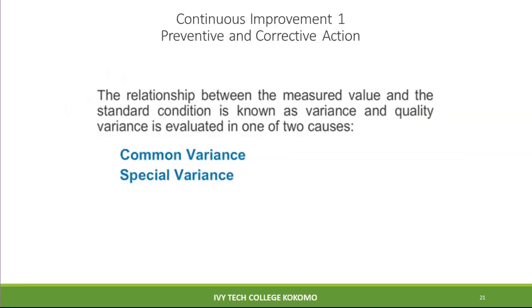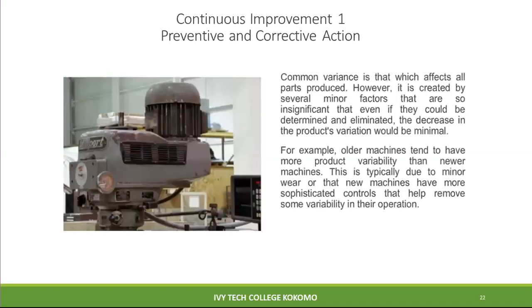Okay? And if you look at why machines break down or why there are issues with machines, there are usually two known variances of quality. One's a common, one's a special. A common variance is something that affects all the parts produced. They're going to be minor.